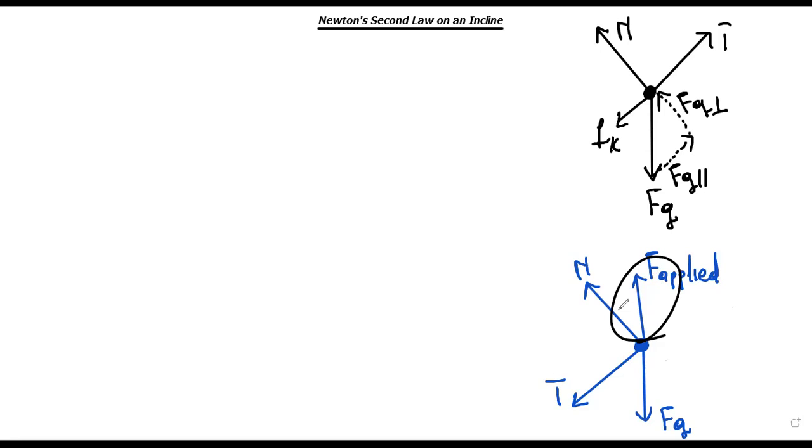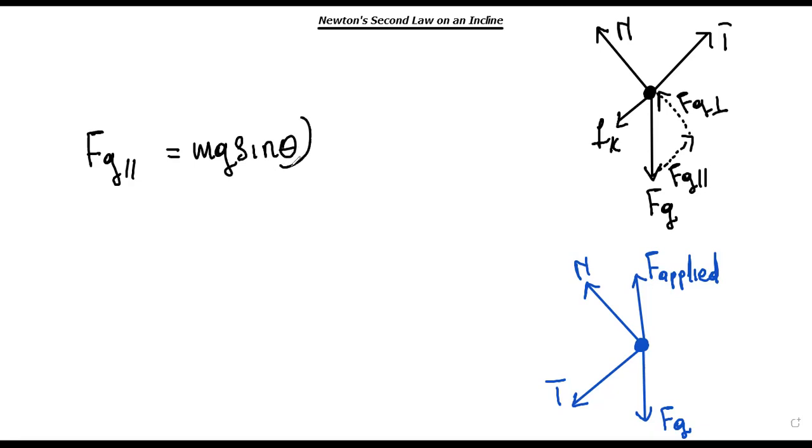We have to find its component that is parallel to the incline. Now the question is, which formula do you use if you want to calculate FG parallel? Well, you just take your gravitational force and then you say sine theta. So what is theta? Theta is the angle of the incline, very key.